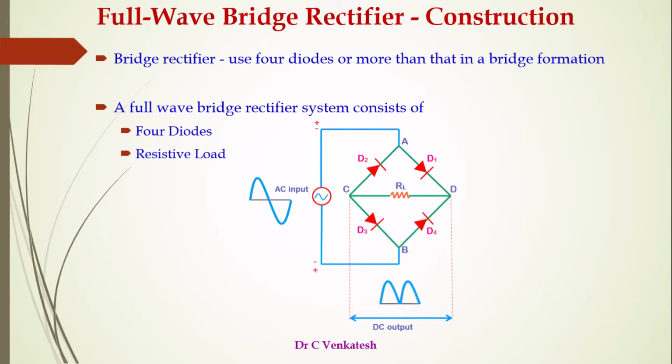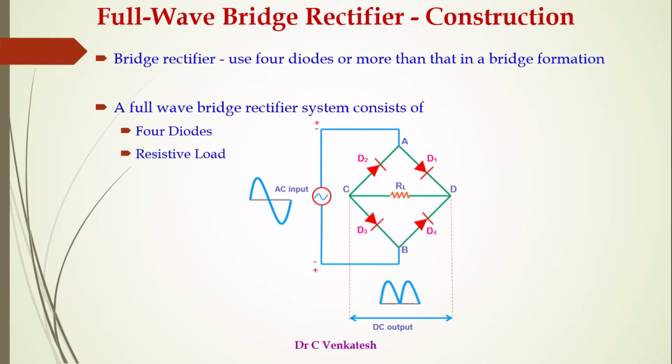Now we are going to see the second type of full wave rectifier, the full wave bridge rectifier. Construction of the full wave bridge type: it uses 4 diodes, or more, in a bridge form as shown in the figure, D1, D2, D3, D4, load resistor and input source.